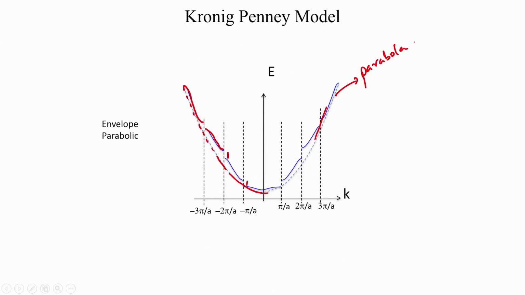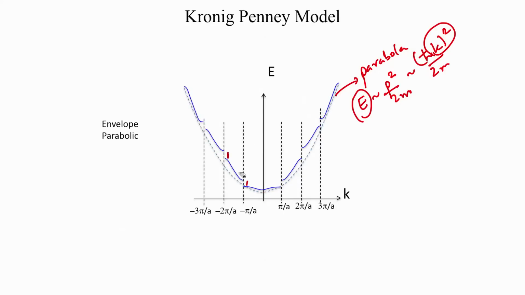The answer is yes, because if you were to head towards classical mechanics, you will find that your energy is nothing but p square by 2m, and p, the momentum, is h bar k, and h bar k whole square by 2m provides a parabolic relation between E and k, and therefore the envelope is a parabola. So as we head towards classical mechanics, the discreteness would disappear, and we would effectively have an EK relation that looks like this envelope shown here.